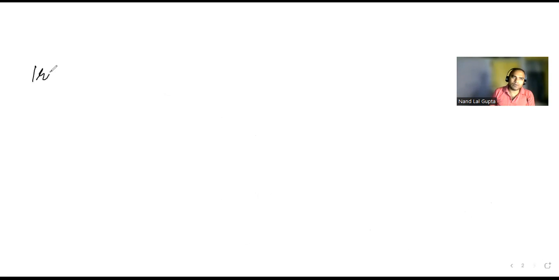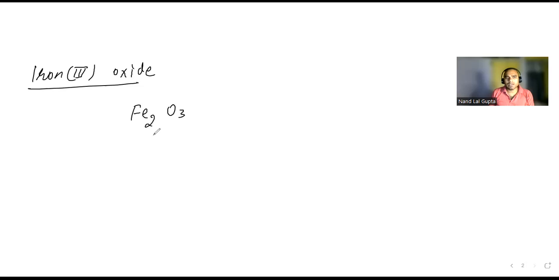They are talking about iron third oxide. Iron third oxide is Fe2O3. Now see, 3 times 2 is 6, 6 by 2, that is okay. Oxygen, just now I told you, the charge on oxygen is -2.